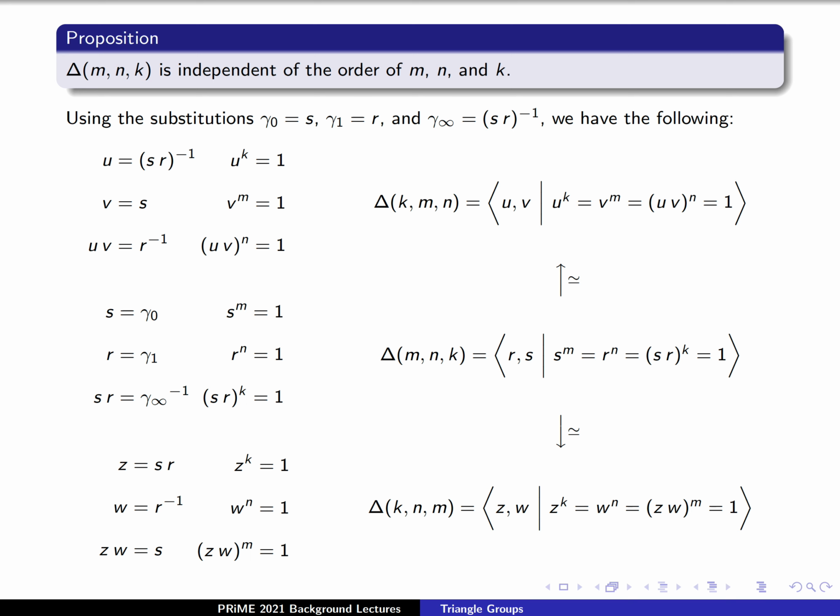This means that our triangle group delta m n k is actually the same as the triangle group delta k n m. Here you can see we've simply interchanged m and k to find a new way to express the triangle group. But now one can check that all 6 different permutations of m, n, and k can be generated by some sequences of either a cyclic permutation or an interchange of m and k's.